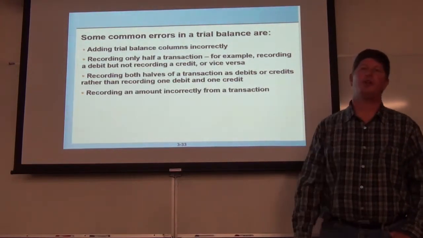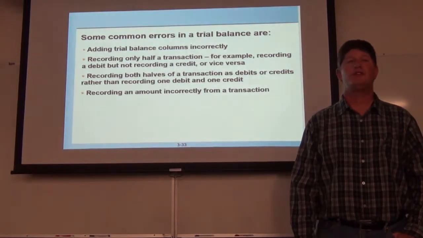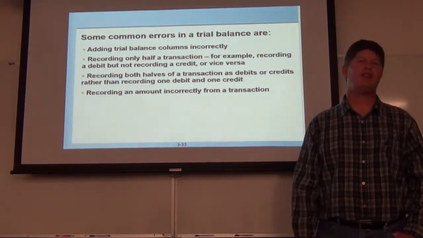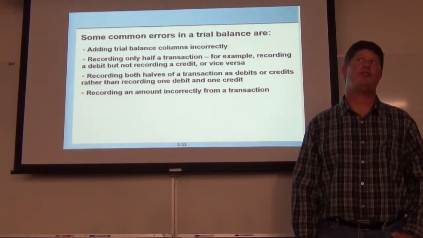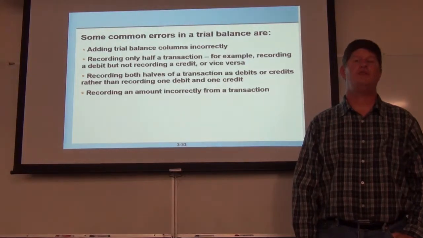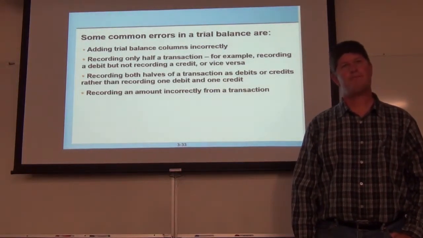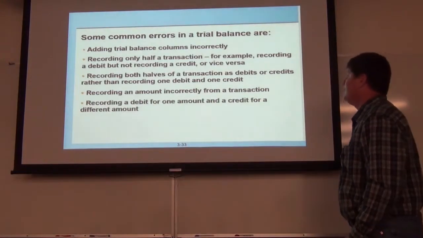Here's the other one, recording a transaction for the wrong amount. So if I have to pay my employees $3,000 and I record it as a debit to wages expense for $3,000 and a credit to cash for $300, I have a problem, don't I? Yeah, I've made that mistake. That one's fairly common.